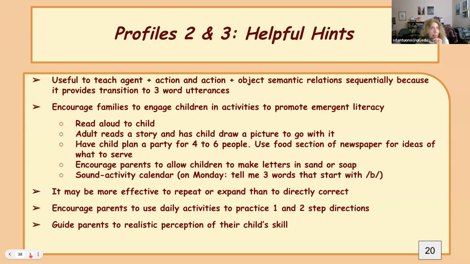Guide parents to realistic perceptions of their child's skills. So obviously, if we have a child that's significantly delayed and the parents say, okay, well, I want them to go to Harvard, you can't say, okay, well, we'll get him there, you have to kind of be honest, but professional. We're going to have him make gains, he can go to college, hopefully we'll be able to get him to go to college, whatever. I've had parents with some interesting requests.